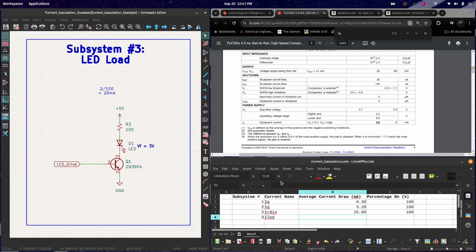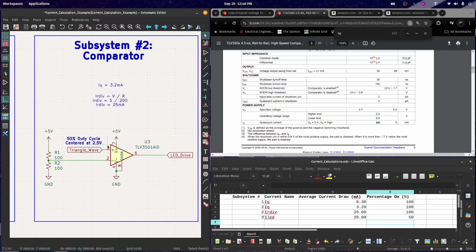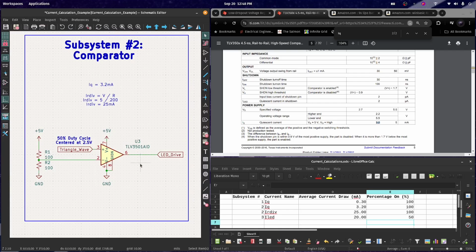So the LED is consuming 20 milliamps, and it is doing it half the time, because the LED drive signal, if we trace it back to the comparator, should be on roughly half the time due to the fact that we have a triangle wave centered at 2.5 volts being compared to a DC value of 2.5 volts.